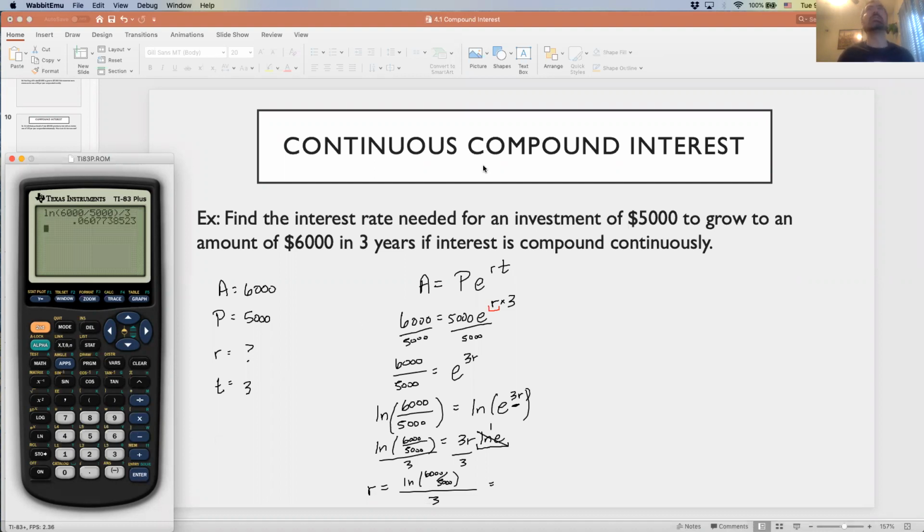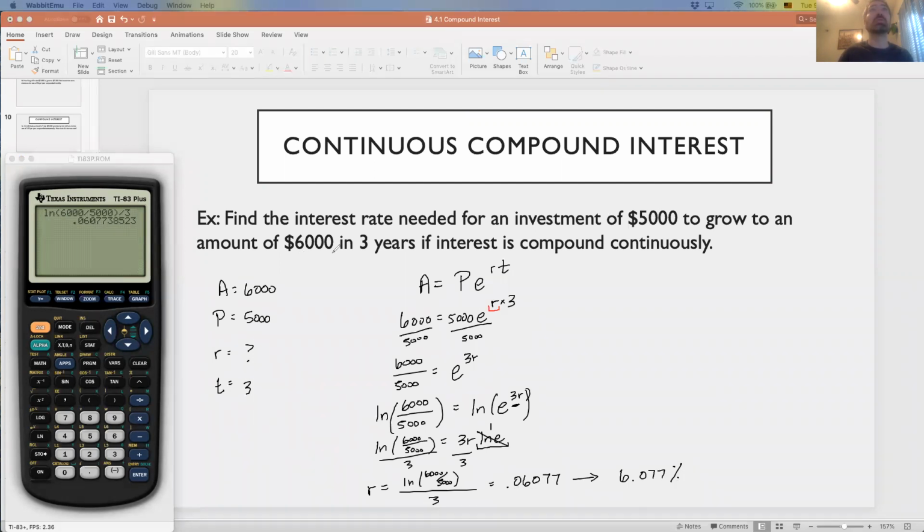This is the interest rate, so we would expect to get a decimal. 0.06077, and at some point you want to round that off. This is our final answer. Certainly out to 5 decimal places is sufficient for this interest rate. Written as a percent, that's 6.077%. That's the interest rate needed to grow that $5,000 to $6,000.